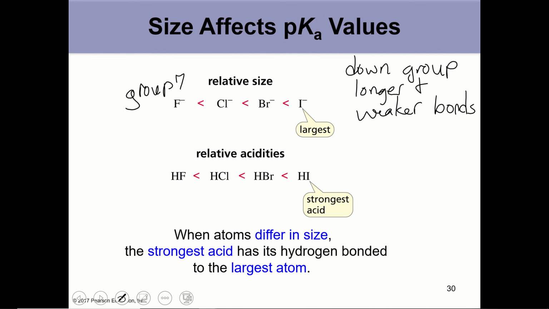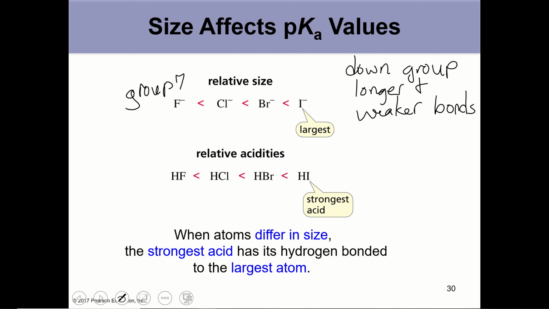So if you know that bonds become weaker as you go down a group, you would expect the largest to have the weakest bond, and the one with the weakest bond is the strongest acid. So in this case, the largest ion, iodide, makes the strongest acid with hydrogen.